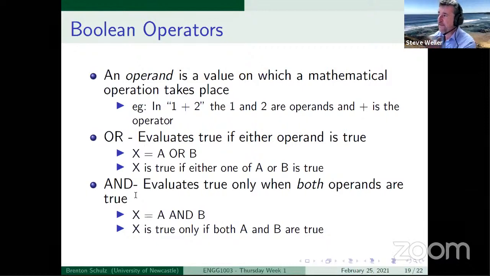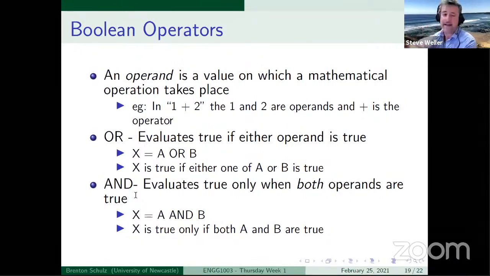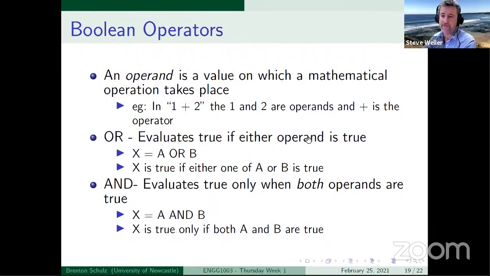The second quantity being, do I have the keys in my pocket? The only things that can be done with Boolean variables are and, or, and not. Or is true if either of the operands is true, and is true only when both things are true.